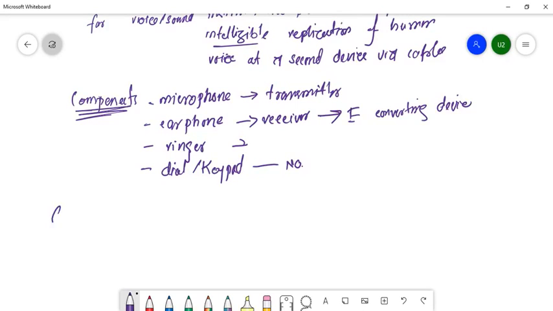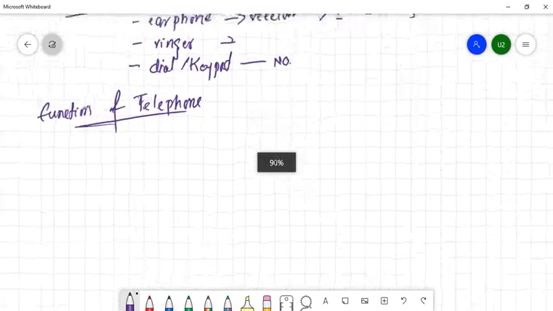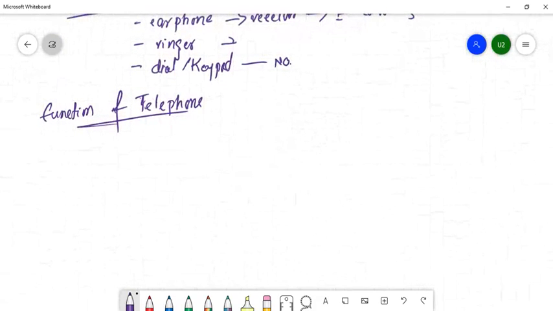Let me write it: function of telephone, right? Now, loudspeaker and microphone work similarly but in opposite ways, okay?